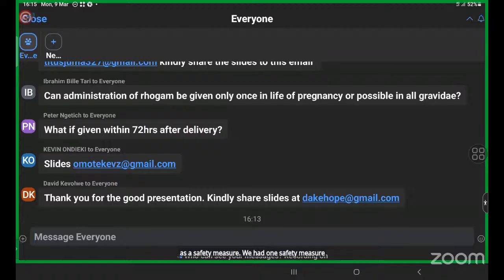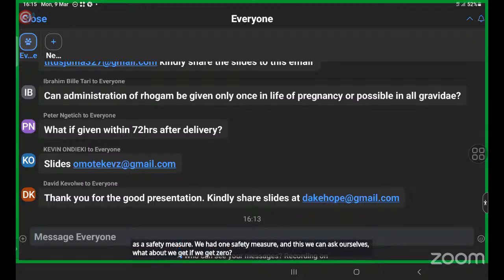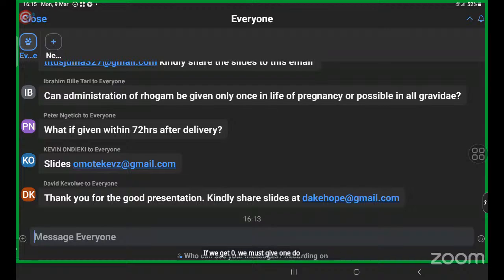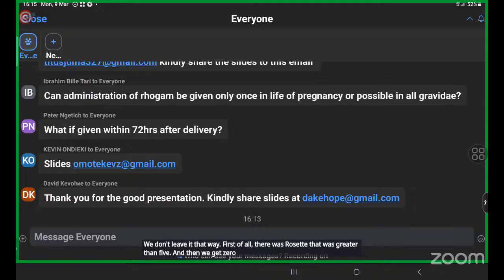We can ask ourselves, what if we get 0? If we get 0, we must give 1 dose as a safety measure. We don't leave it that way. First of all, there was a rosette that was greater than 5, and then we get 0 and leave it like that, and the mother is already sensitized.